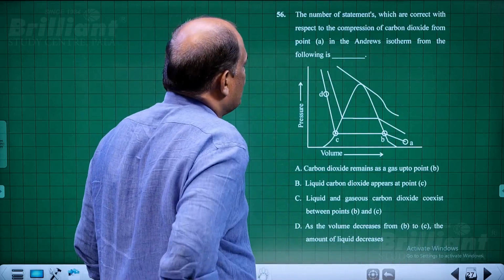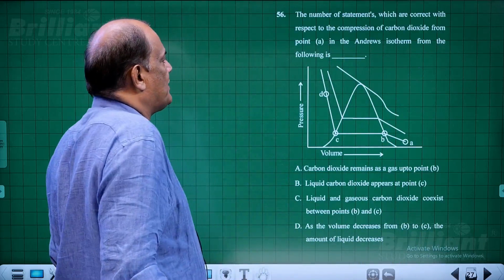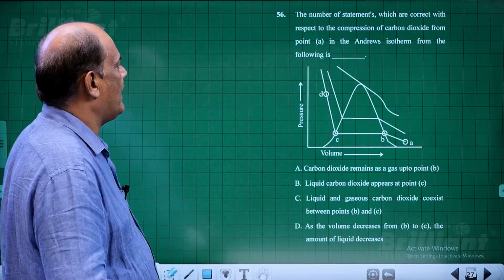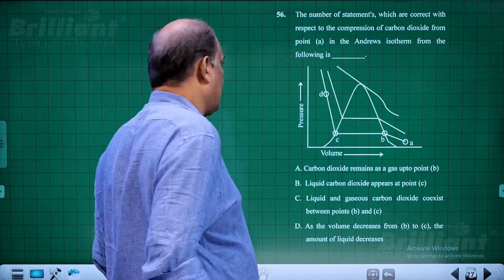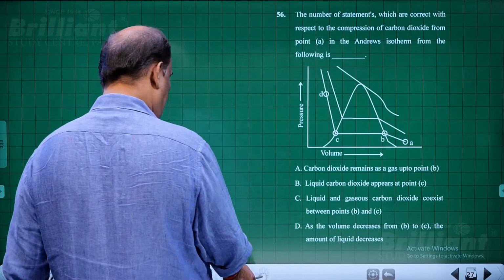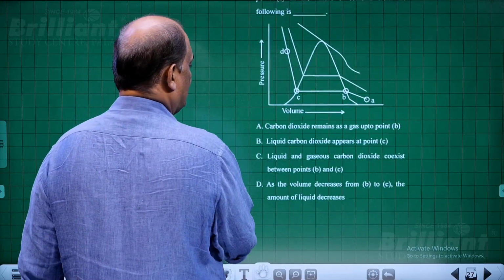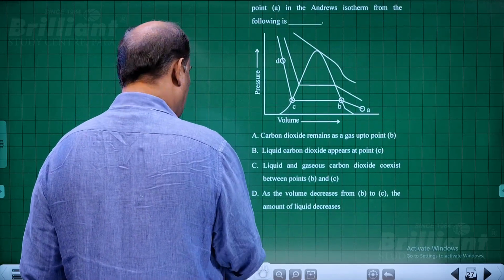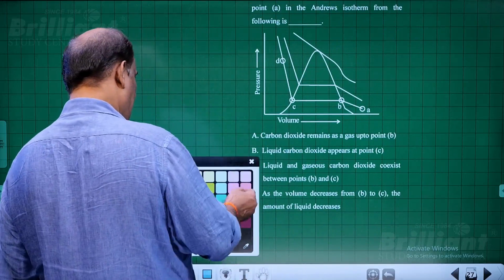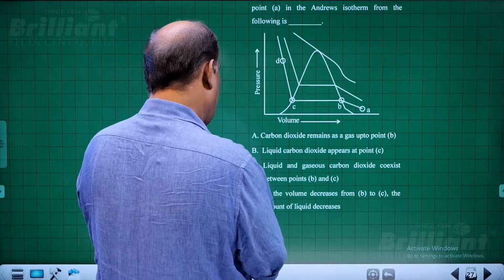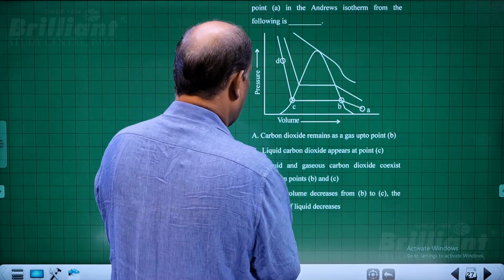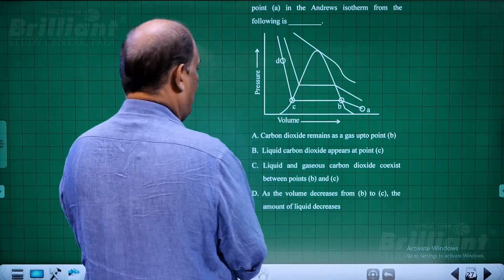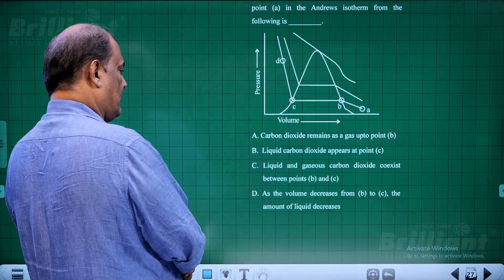The number of statements which are correct with respect to the compression of carbon dioxide from point A in the Andrews isotherm. Carbon dioxide remains as a gas up to B, correct.